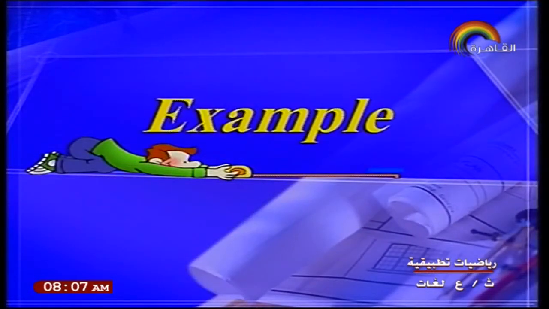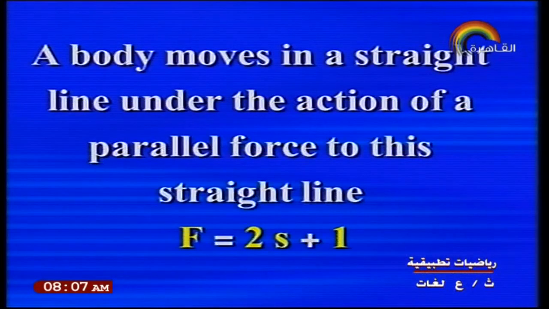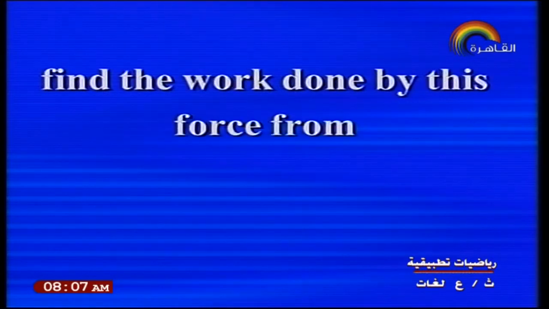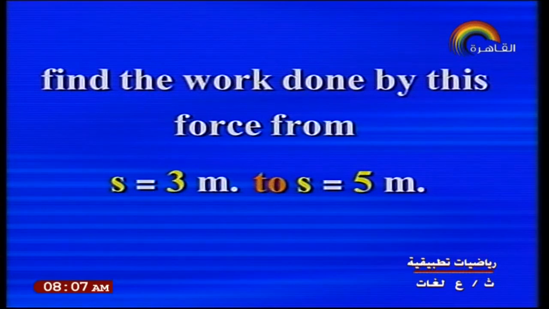Dear students, now we move to the first example. If we have a body that moves in a straight line under the action of a force parallel to the straight line, F equals 2s plus 1, where s is the distance between the body and a fixed point O on the straight line, find the work done by this force from s equals 3 meters to s equals 5 meters.